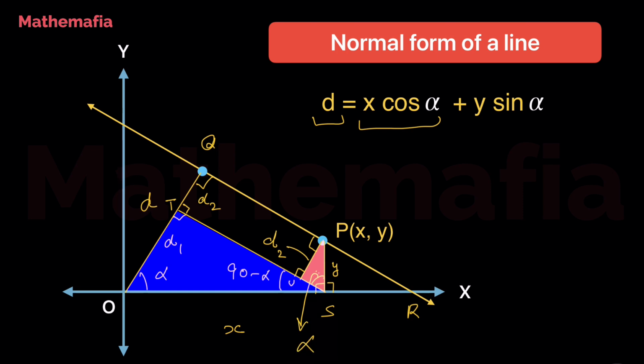So using this triangle, I can find D2 in terms of y and alpha. And when I add D1 and D2, I will get this distance d, and my derivation will be complete. Now if you are able to understand this, then I would recommend that you try to derive it on your own. Otherwise I am going to derive it for you, and let's do it now.